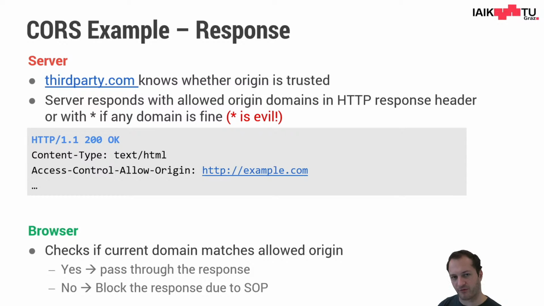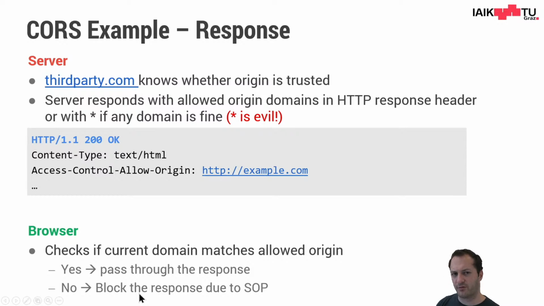When you get a response from the server, it will also include such a header, as you can see here, like the Access-Control-Allow-Origin, and it will state, in the response it sends back, yeah, I'm allowing exactly requests from that domain. The browser will then check if the current domain matches the allowed origin. If yes, it will pass through the response, otherwise block it.